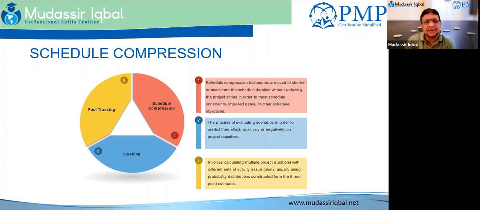I kept the critical path activities at the end of the topic, so to cover it together. So fast tracking is a process which is actually, let me go to the next slide. I think this is the better one.